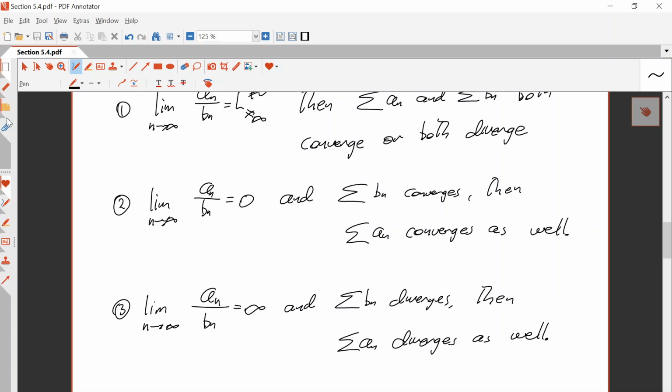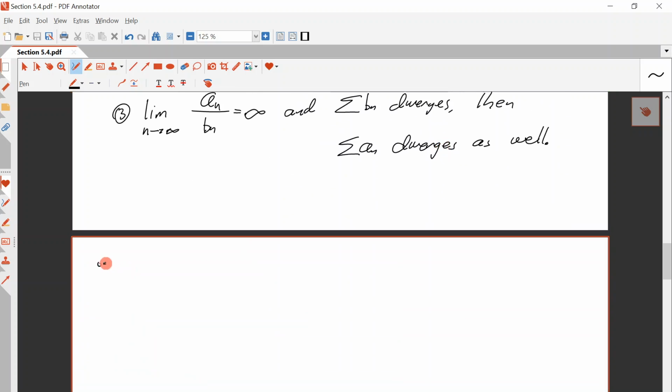So a couple examples for this one. Suppose we have the sum n equals 1 to infinity of n over the square root of 2n to the 4th plus 1. Converge or diverge?